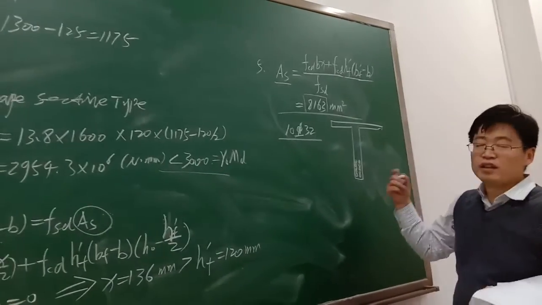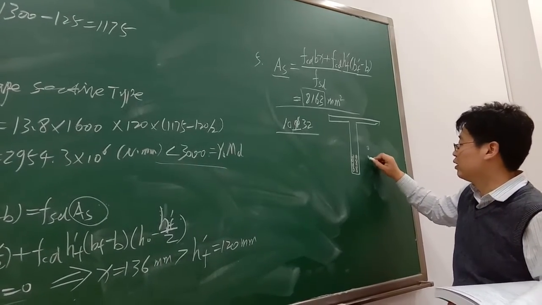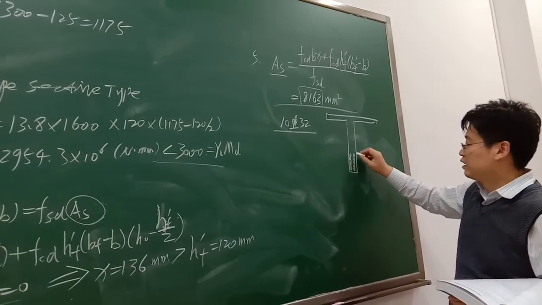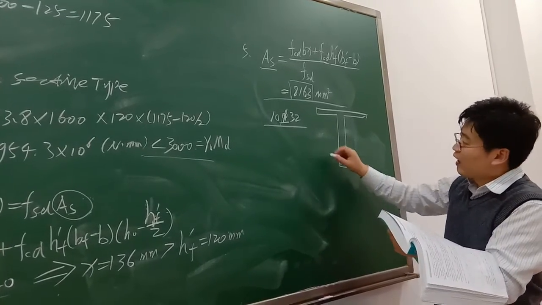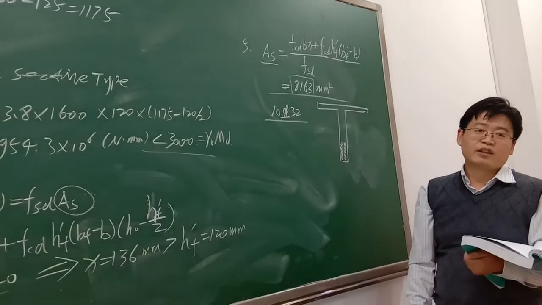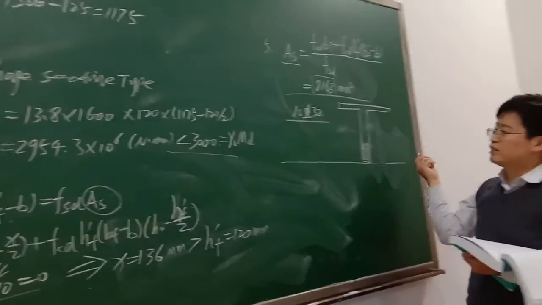If it's a bound skeleton, then you need spacing between each layer. So that's the difference. For this region, we have determined to use 10 bars of 32. So now the design is finished.